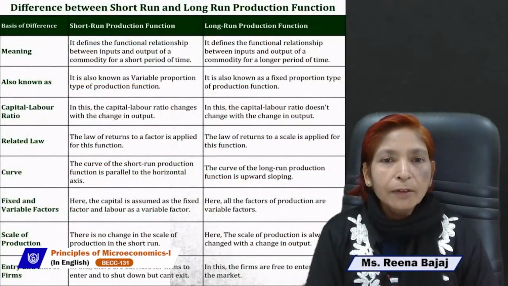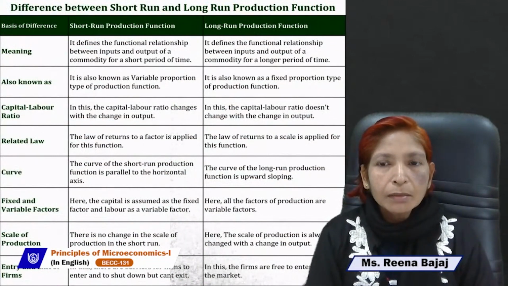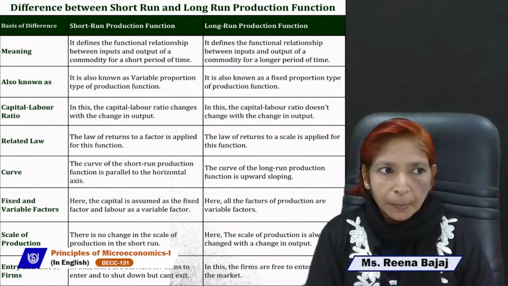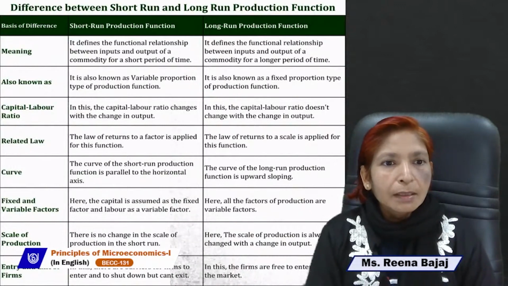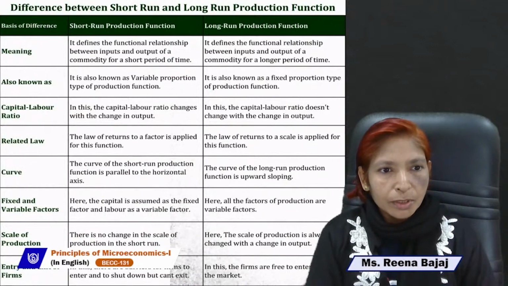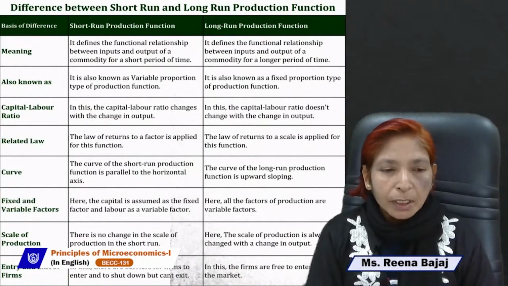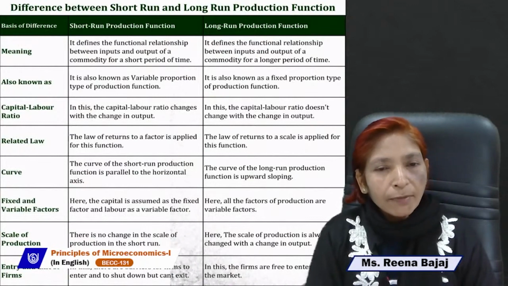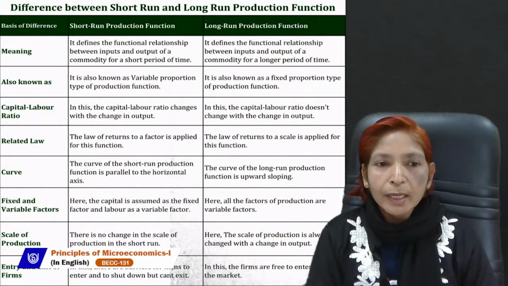Next, what is the difference between short run production function and long run production function? Short run production function defines the functional relationship between input and output of a commodity for a short time period. In short run, some factors remain constant and only one factor is variable.